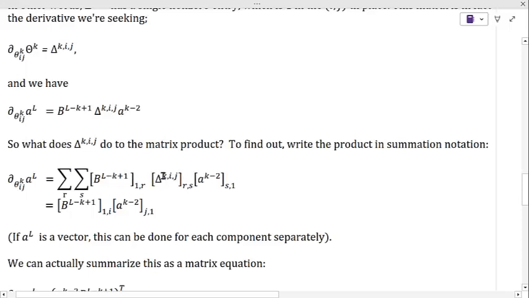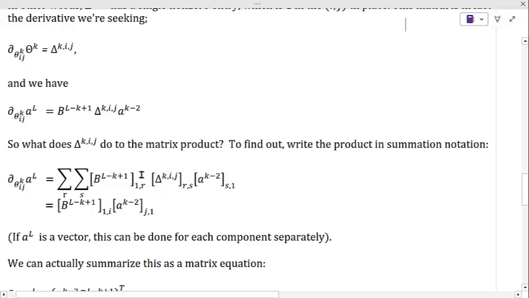So here I put two multiplications together. The derivative in this case is just a number, because AL is a number. So this matrix will actually be a 1 by R matrix, a row vector. Then this here is an R by S matrix, and this here is an S by 1 column matrix.